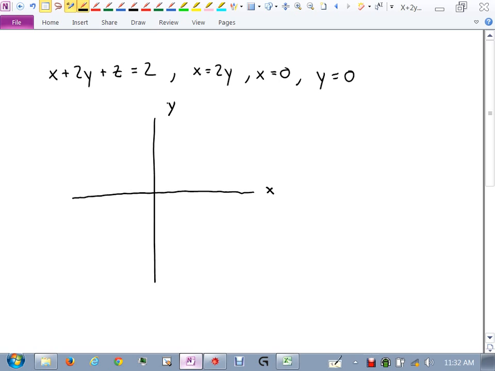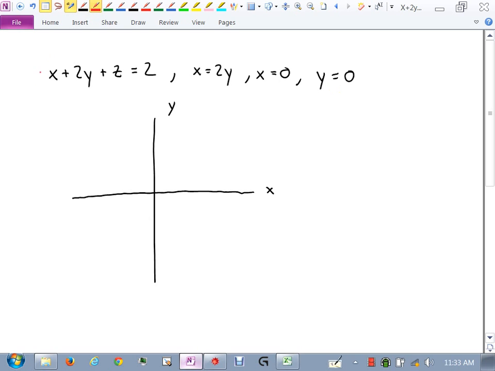If z is 0, then this equation becomes a linear equation in 2 variables, which is a line in 2-dimensional space. This right here doesn't even have a z in it. That is also a line in 2-dimensional space. So I'm going to draw all those lines in 2-dimensional space and then talk about the rest of it later, all right?